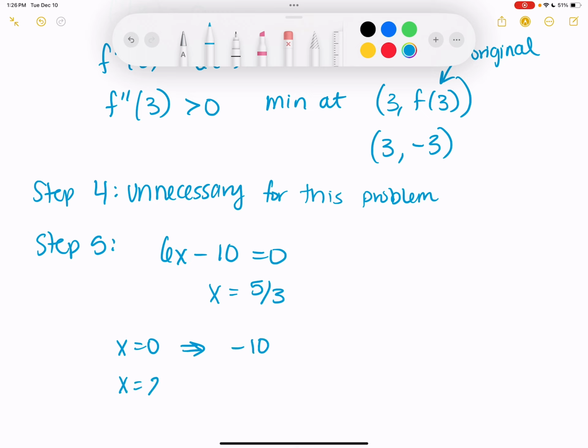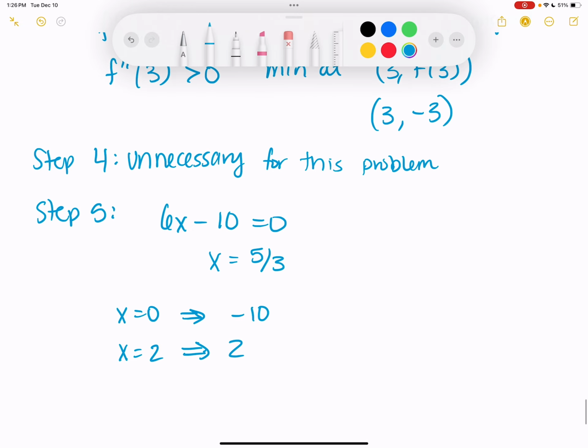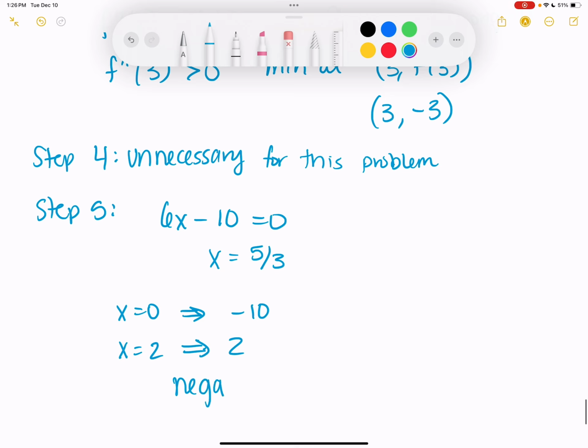If x is 2, I'm trying to see what happens as I go through that point. 5 over 3 is a little less than 2. So I picked a number before and a number after. If I plug in 2, you would get 2. So this changes from negative to positive.